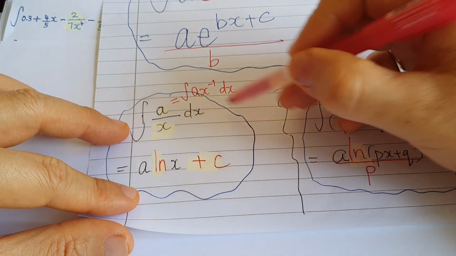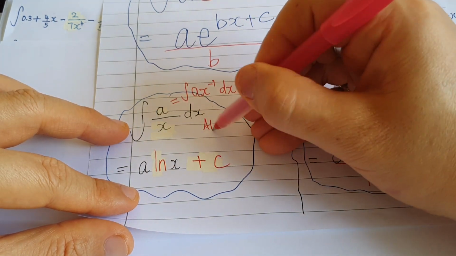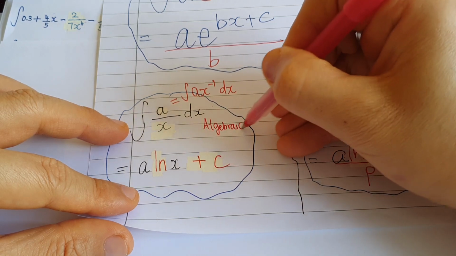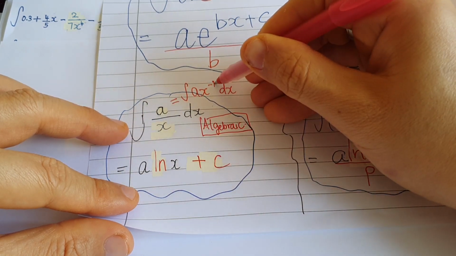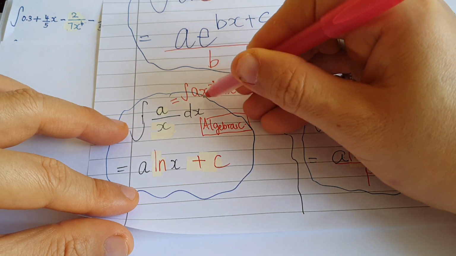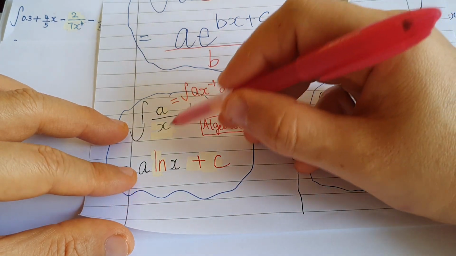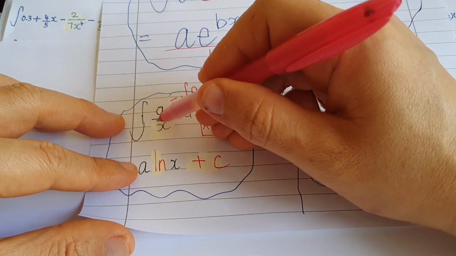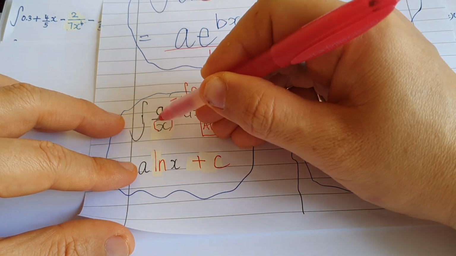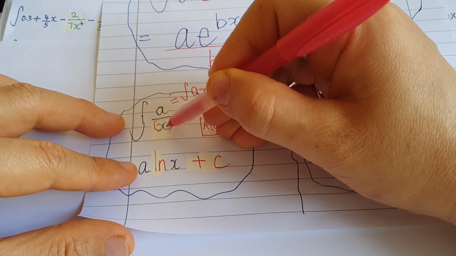This is an algebraic expression. Then I plus 1 to the power, it will be 0. Then I divide by 0, it will be not defined. So in such a case, it's a ln case. Ln whatever is the x here.